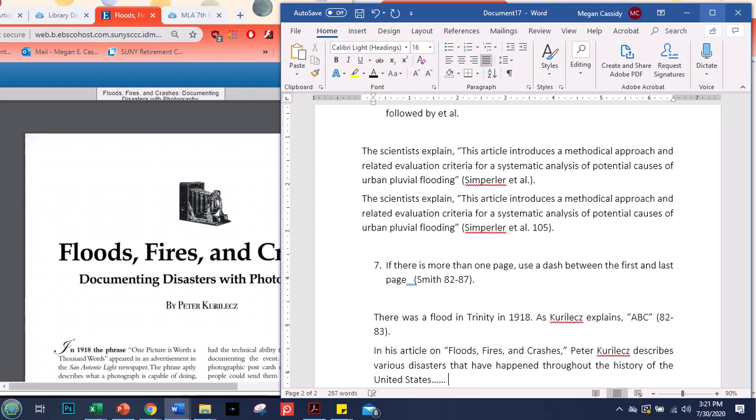And maybe I have a couple more sentences about that. Well, after that, I would still put the last name. And then I would put maybe the whole range if I'm summarizing the whole thing. 82 to 87. So it would look like that.